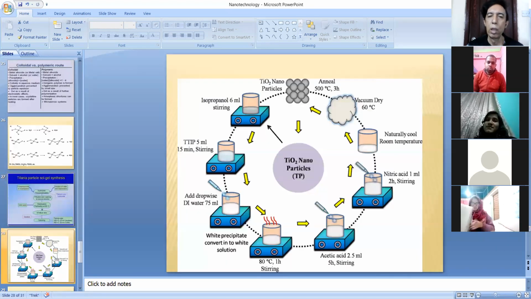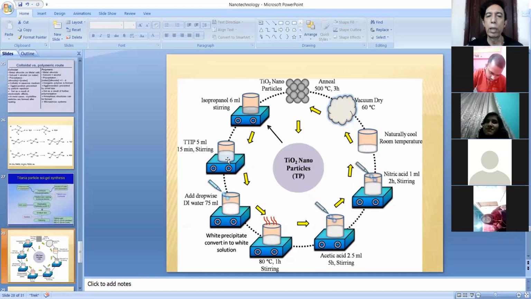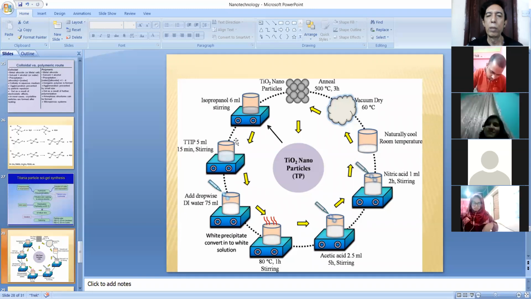First, you see the procedure here. Here is 6 ml of isopropanol with water, and here is titanium isopropoxide. You add titanium isopropoxide here, and add dropwise dilute distilled water, about 75 ml.